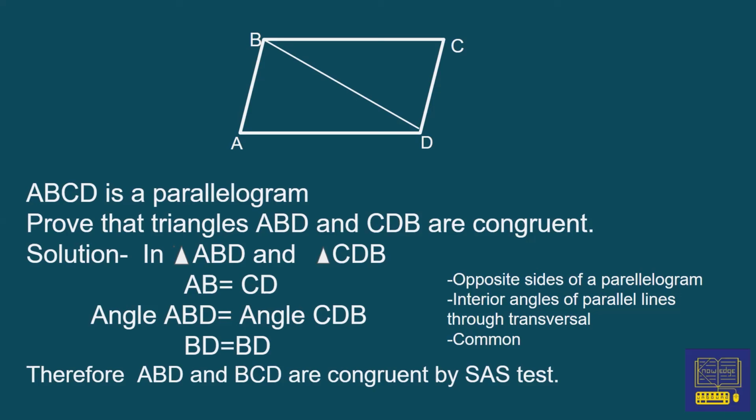Angle ABD is equal to angle CDB, as alternate angles of parallel lines through a common transversal. And BD is the common line here. Therefore, ABD and CDB are congruent by the SAS test.